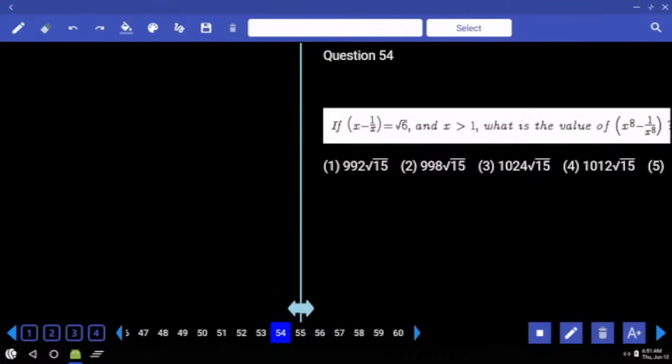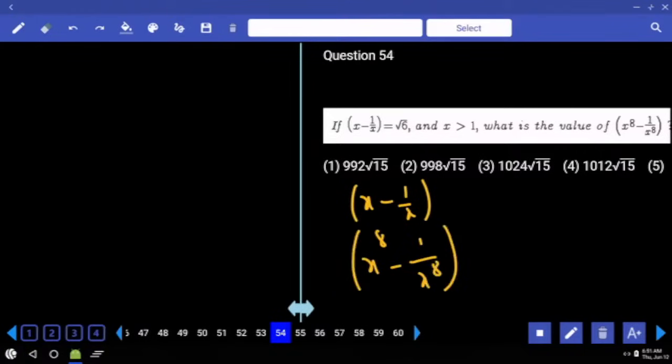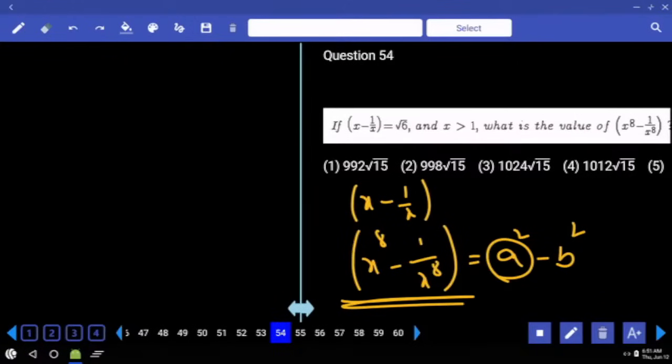We were given the x minus 1 by x value and asked to calculate x power 8 minus 1 by x power 8. First of all, concentrate on this. Can it be written in the form of a square minus b square, where a value is x power 4 and b value is 1 by x power 4?